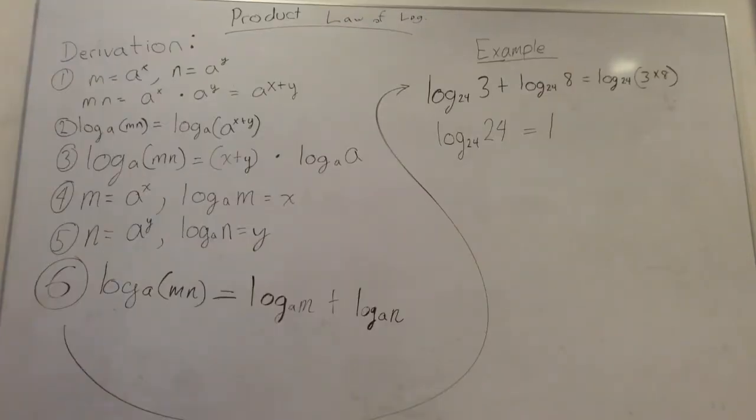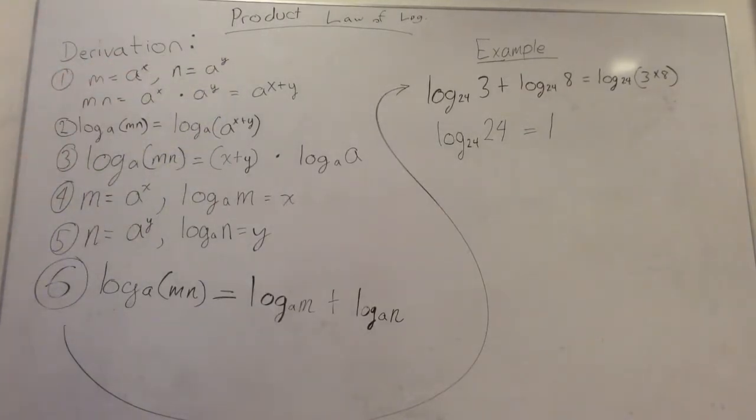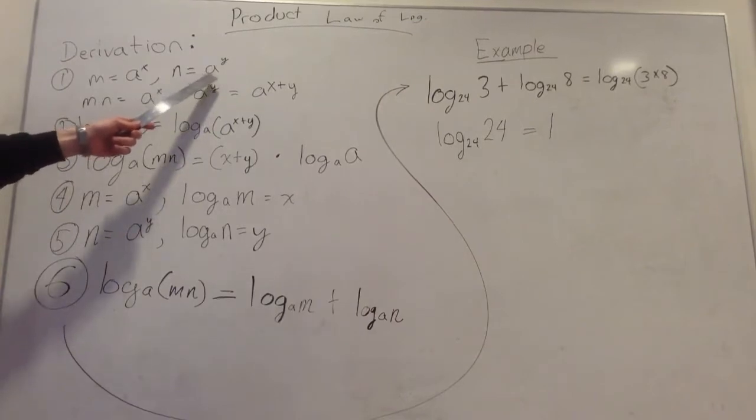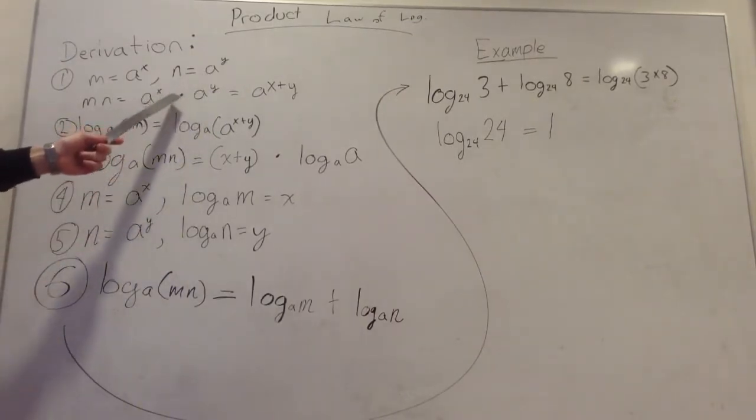The product law of logarithms deals with the addition of two logs with the same base. For example, log base a of x plus log base a of y, according to the product law of logarithms, equals log base a of xy. So how do we arrive at this result? Let's set m equals a to the power of x and n equals a to the power of y. So mn equals a to the power of x plus y.